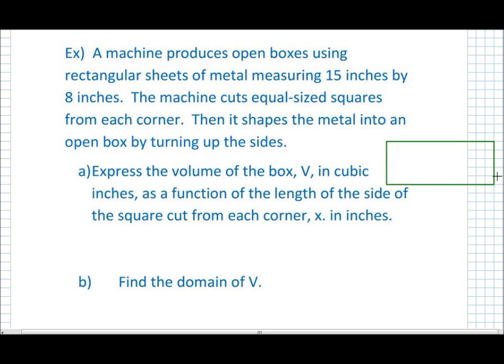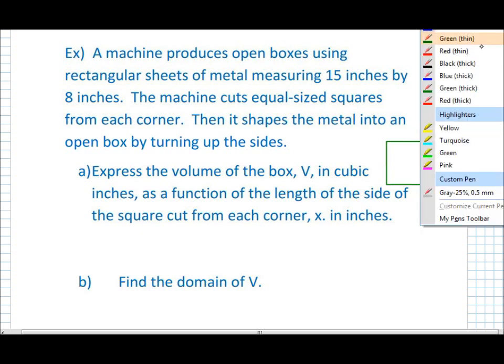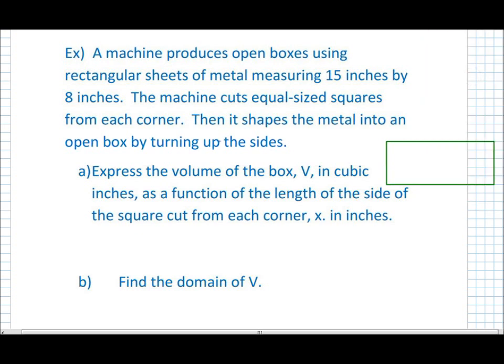There's your rectangle. The machine cuts equal-sized squares from each corner. So from each corner, you're going to have an equal-sized square cut out. So it's going to cut x from each corner.